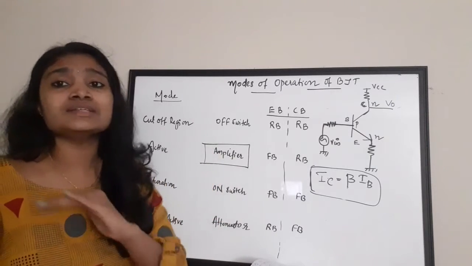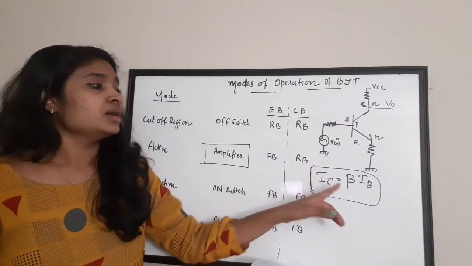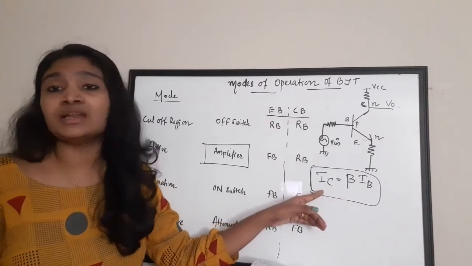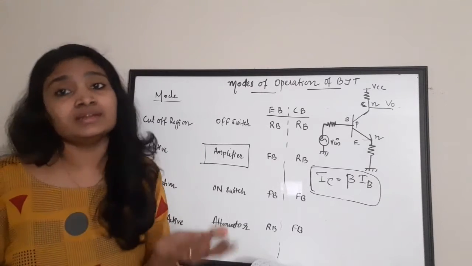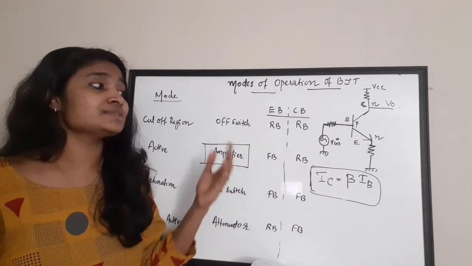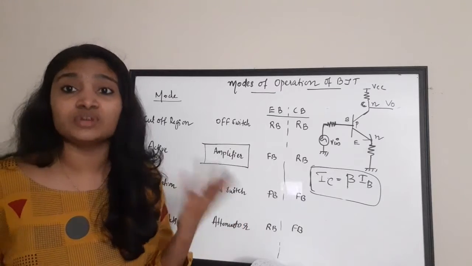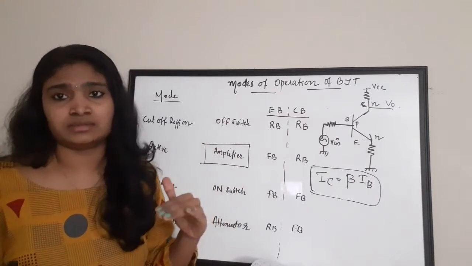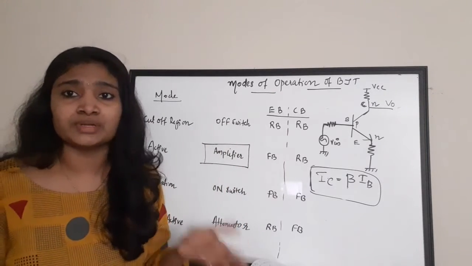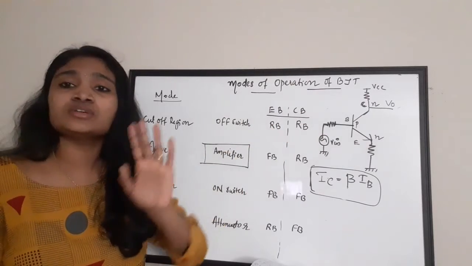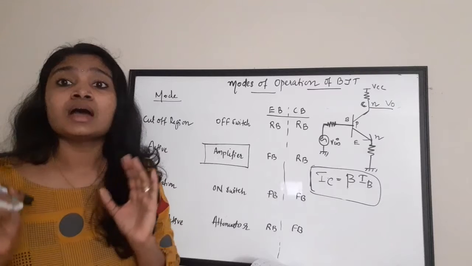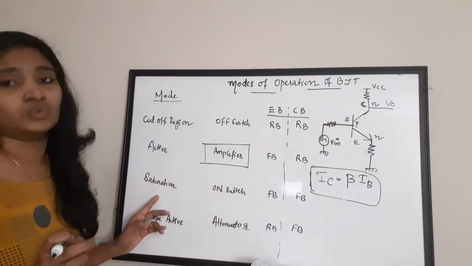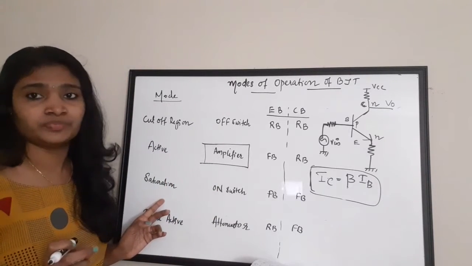There is something called the saturation value, and when the saturation value of IC is reached, from there it won't increase further. Even if we increase IB, the IC won't increase further. It will get saturated, right? Everything has a saturation point. Likewise, IC also will get saturated, and this state is called saturation mode, which is the third mode.